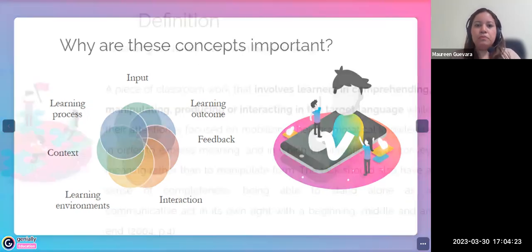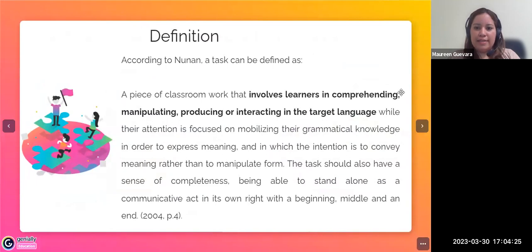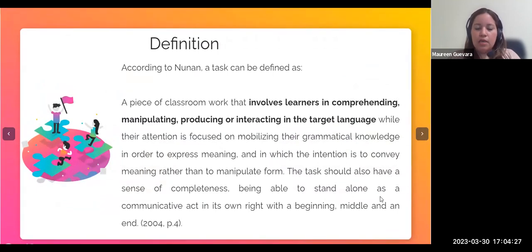Now, regarding a task, what is a task? Sometimes it's kind of difficult to define it. I really like Nunan's definition, especially because he mentions that a task is that piece of classroom work, but actually I would say that piece of work that involves learners in comprehending, manipulating, producing, and interacting in the target language.